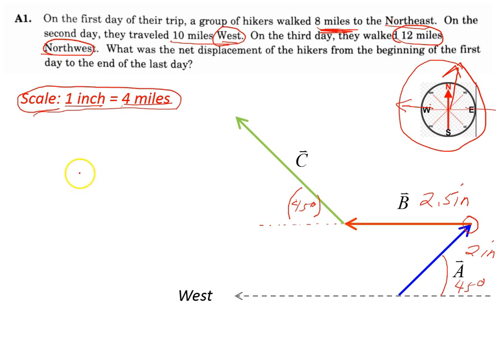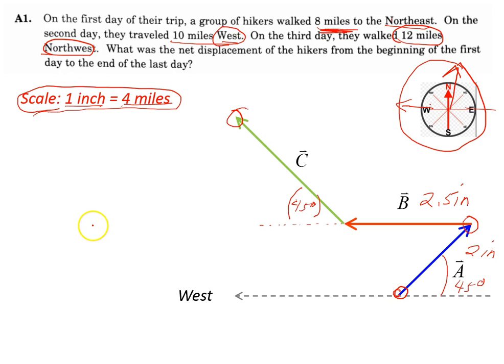Now comes the time for the resultant. Here's a nice way to think about it, because with displacement, you're saying, if I wanted to do the combined motion of all this in one single trip, I would tell someone, start where we left, go in a straight line and end up where we ended up.